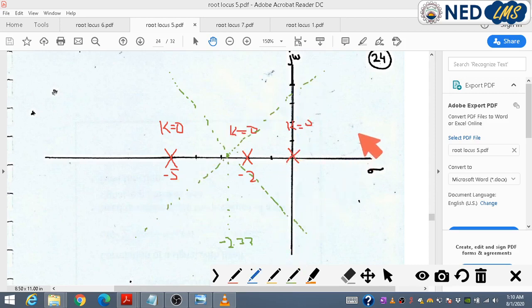The angle of CRL is 0 degrees, where k is approaching minus infinity. The second angle is at 120 degrees, and the third angle is at 240 degrees. Here k is approaching minus infinity.